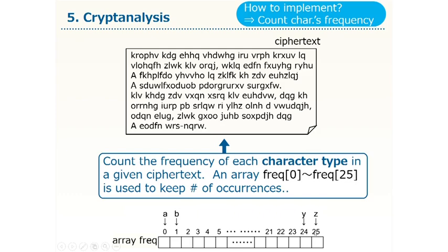Recall that the codes for these lowercase English letters go in order, starting from A. First, the index of each letter is nothing but the distance of the letter from A, or more specifically, the difference of its code and the code of the letter A. So let's consider a program of counting how many times each letter appears in the ciphertext and keeping it in the corresponding place in the array FREQ.